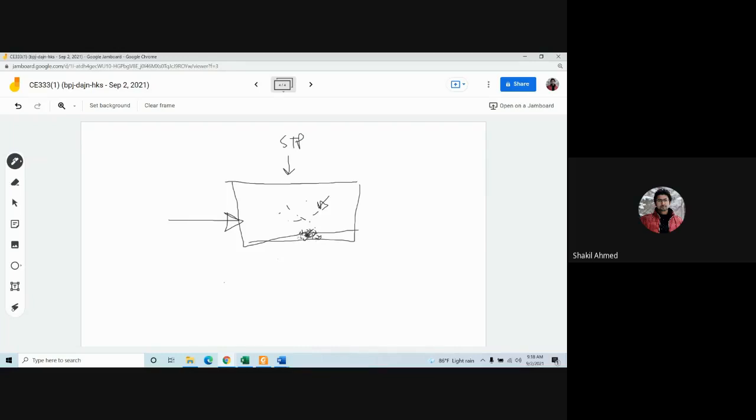Now this solid contains lots of bacteria, microorganisms. So what you can do is, this is influent, this is effluent getting out.